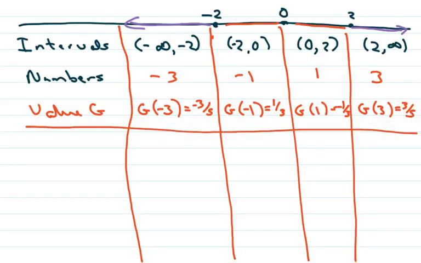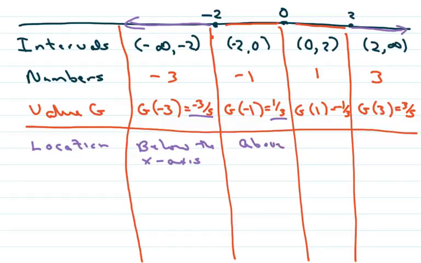Okay, and let's look at the location on the graph. This is going to be below the x-axis. This is positive, so this is above, below the x-axis, and above.